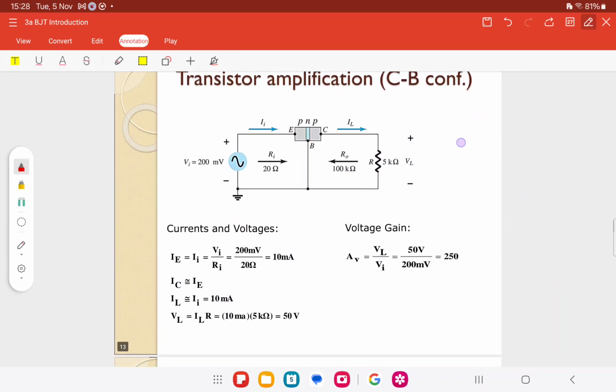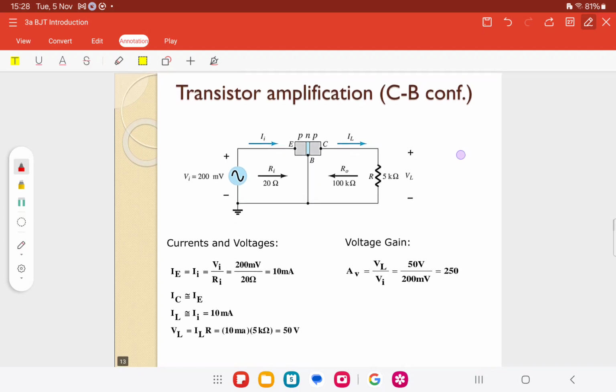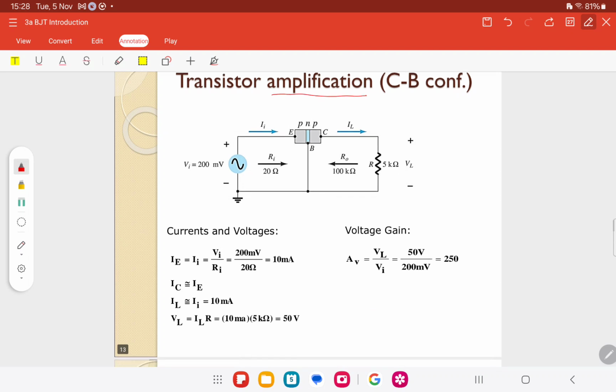Okay, contoh this one, common base configurations amplification. Okay, contohnya if we have I in kat sini, IE pun dekat, sebab tu E is at the input, this is V in, so we have the I in. R in is bila kita tengok from here. So how to get the value of I?